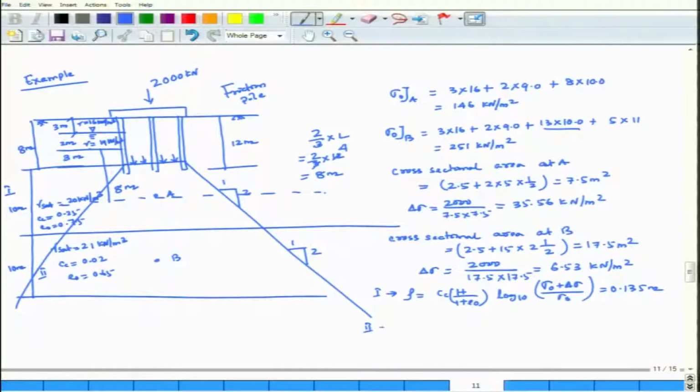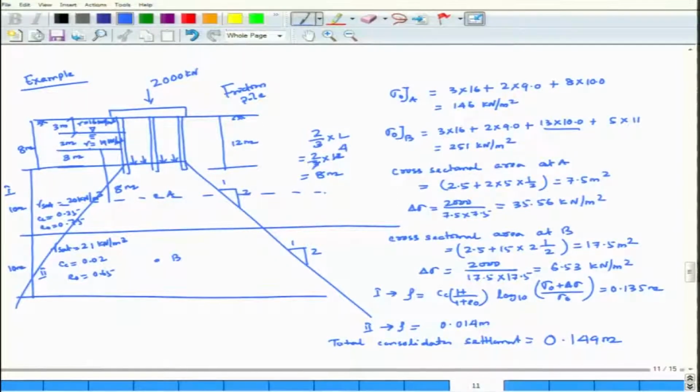Similarly, for layer 2, the settlement comes out to be 0.014 meter. So, total consolidation settlement is equal to 0.149 meter.